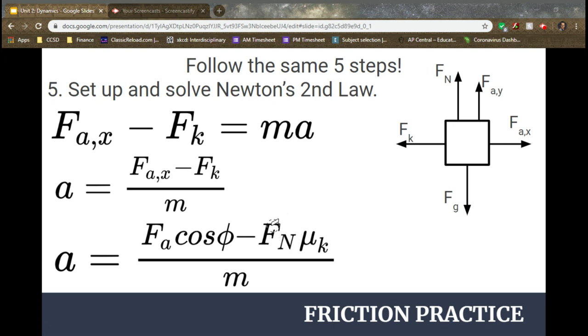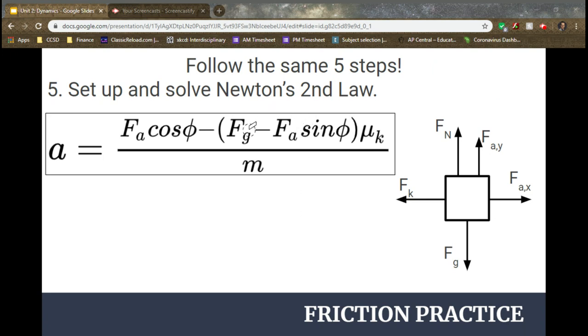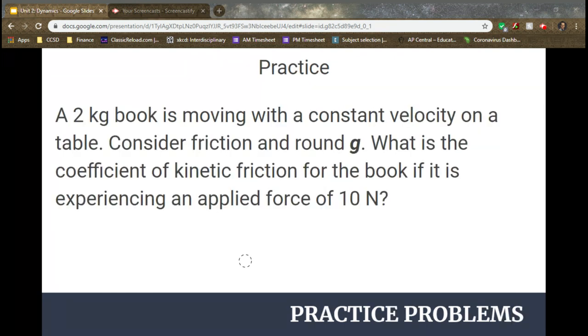All I'm going to do in this next step is take my normal force and substitute it in. This is my normal force that I solved for. So this would be my final answer. Bit complicated, but as long as we understand the process, the steps, then we'll be okay. All right. Practice.